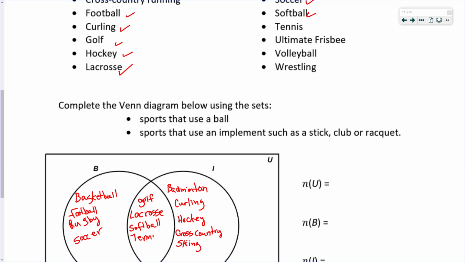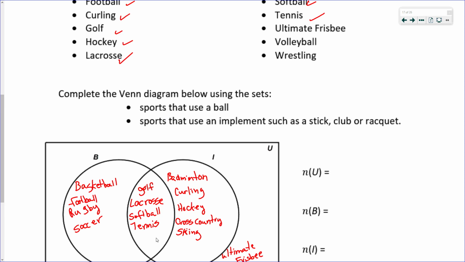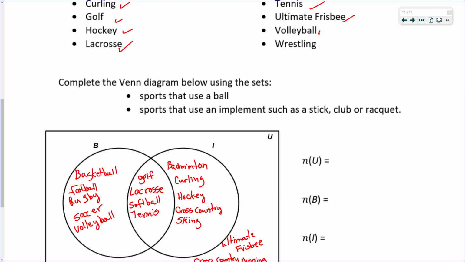So that goes in the middle. We got ultimate frisbee, which uses neither. So that goes on the outside. We got volleyball, which uses the ball, so that goes under B. And then the last one is wrestling, which uses neither.